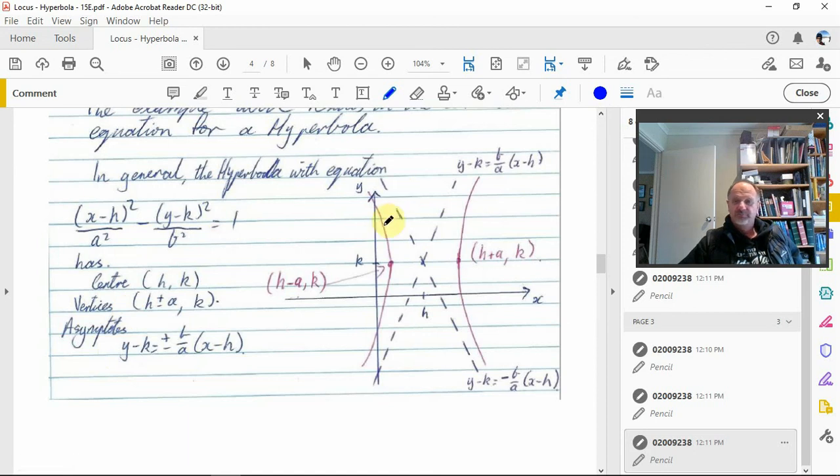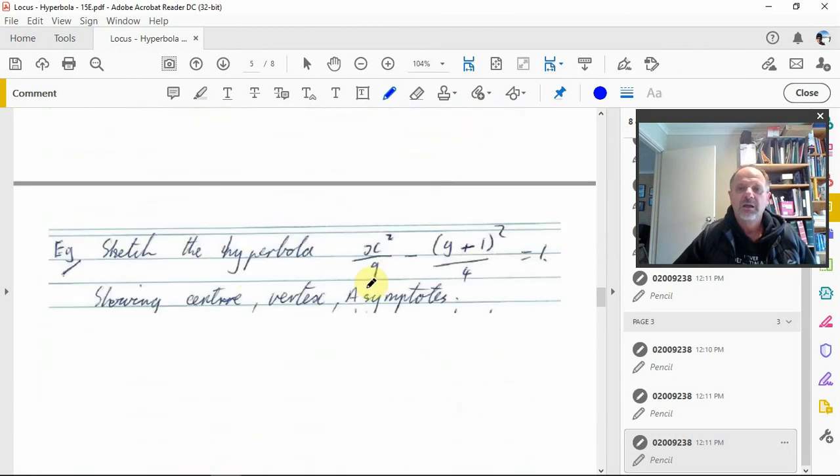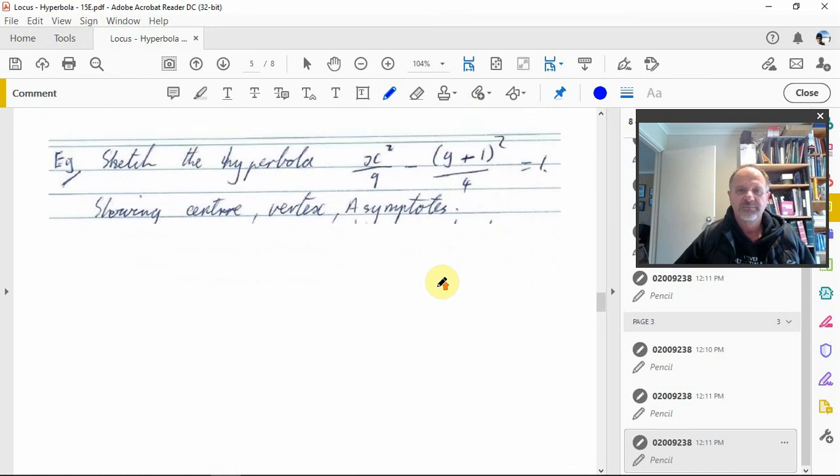The plus or minus, one of them's with the positive gradient, the other with the negative gradient. I've got a little bit more to go here. So let's have a look at an example of sketching a hyperbola from our Cartesian equation, showing the centre, the vertices and the asymptotes.